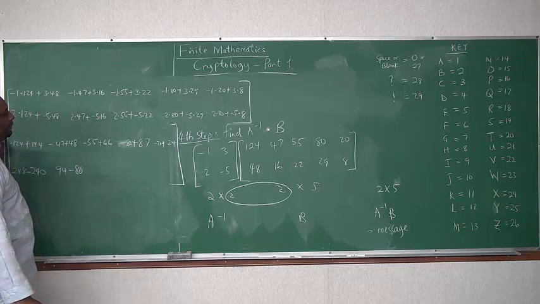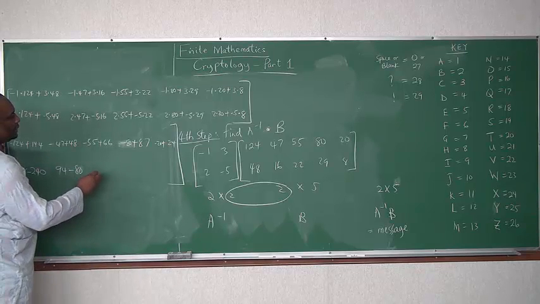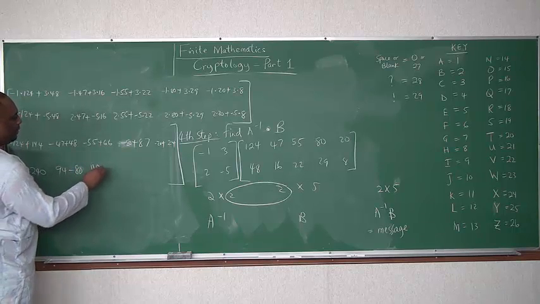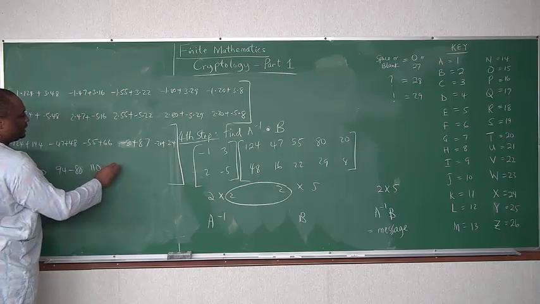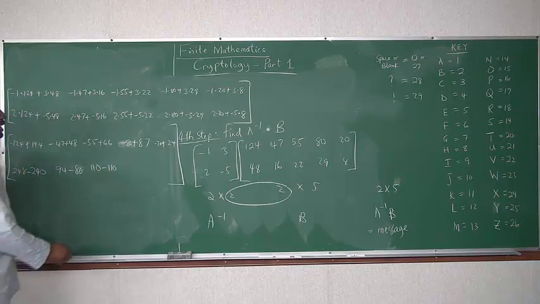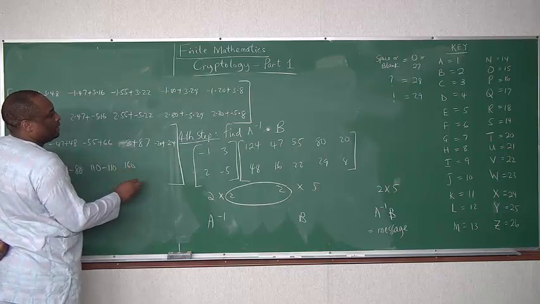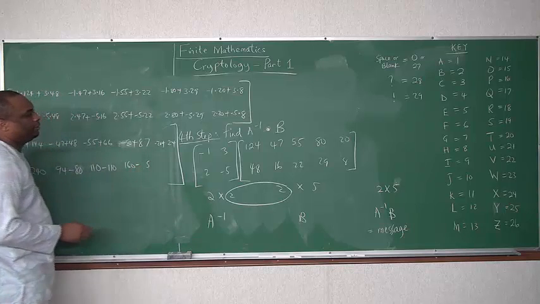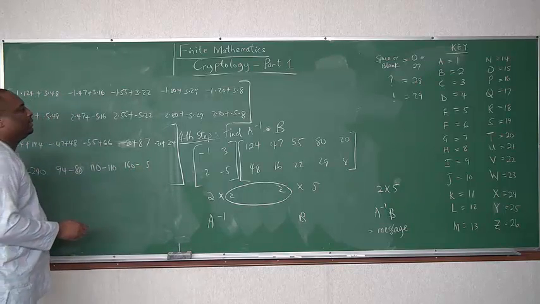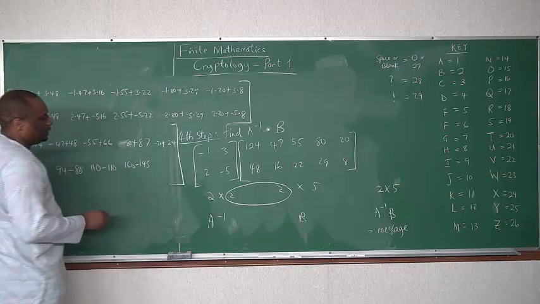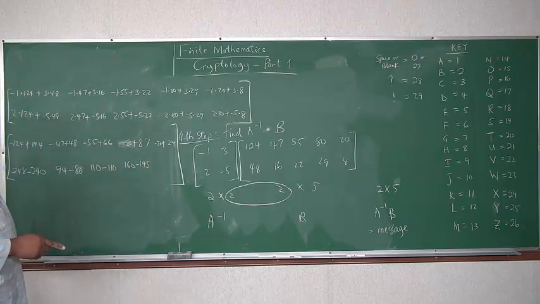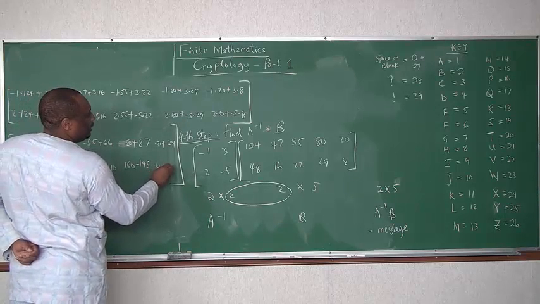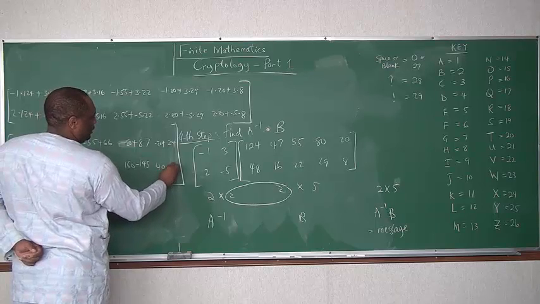Then we have 2 times 55, 110, minus 5 times 22 is still 110. 2 times 80 is 160 minus 5 times 29, 145. Then 2 times 20 is 40 minus 40.